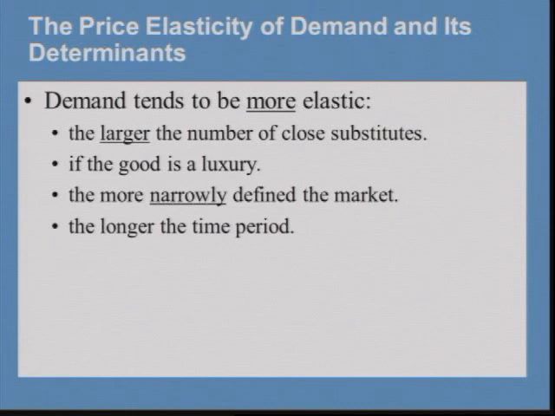Right. So demand tends to be more elastic. That means we're more flexible, more responsive, more able to say, no, I'm not willing to pay that. If we've got substitutes, if it's a luxury item, if we're talking about a narrow definition of the market, and if we have more time to respond.